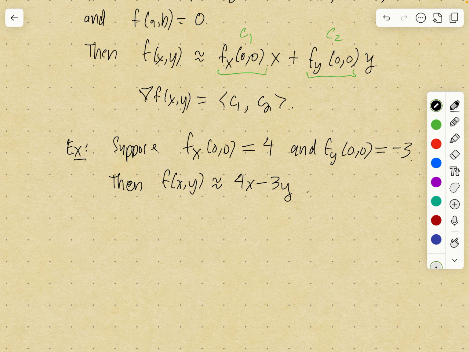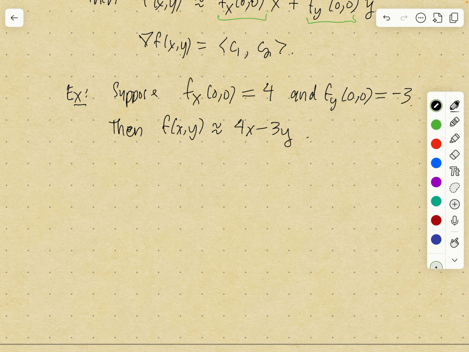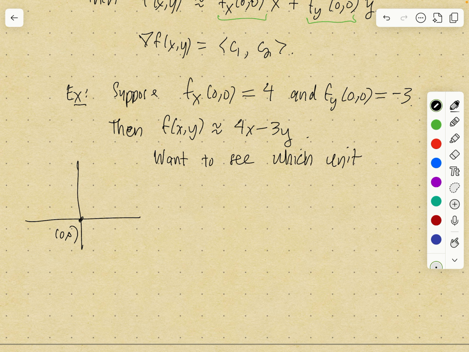Okay. So remember that we're trying to figure out, so here's the point 0, 0. And we're trying to figure out which unit vector will maximize the directional derivative.